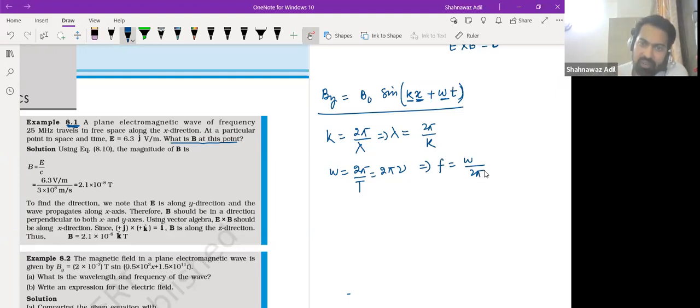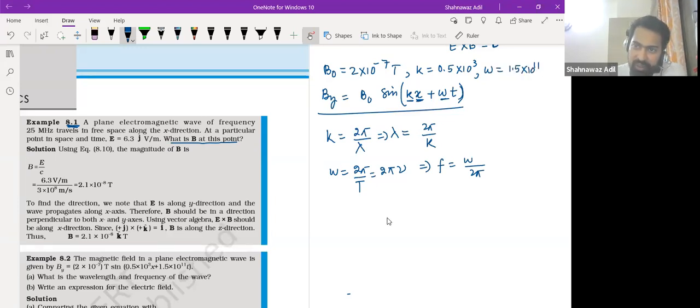Is this clear, everyone? Yes, sir. So what do we know? We know that B naught is 2 into 10 to the power minus 7 Tesla. We know that k is 0.5 into 10 to the power 3. We know that omega is 1.5 into 10 to the power 11. So these are the things which are given.